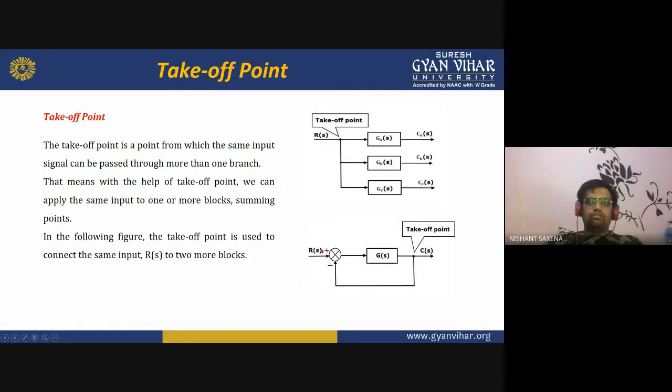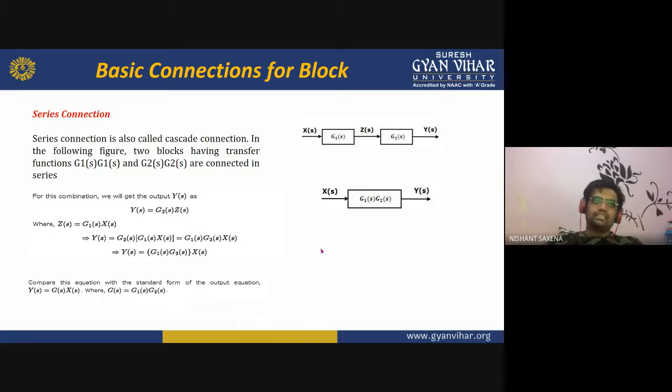Now, with a similar thing, the series connections and the parallel connections. The 2 blocks can be connected either in series or in parallel. Now, depending on the type of the connections, how the series are cascaded and how the parallels are done, we will get the output accordingly.